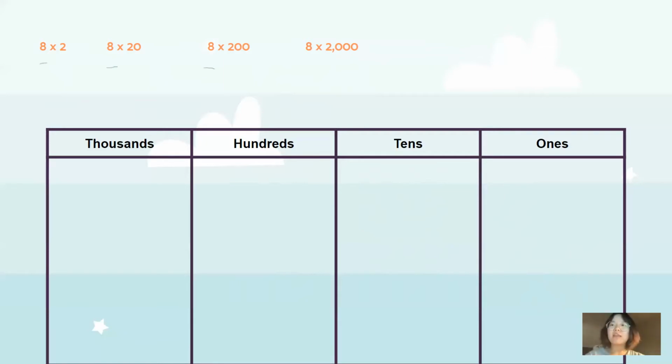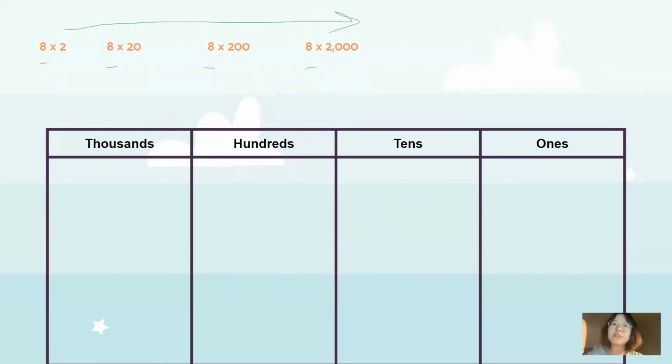And the units are in order of the place value chart, like smaller to largest. So even if they're not in the place value chart, they're from smallest to the largest. The units we multiply is the same unit we get in our answer, like 8 times 2 tens equals 16 tens, and 8 times 200 is 1600.